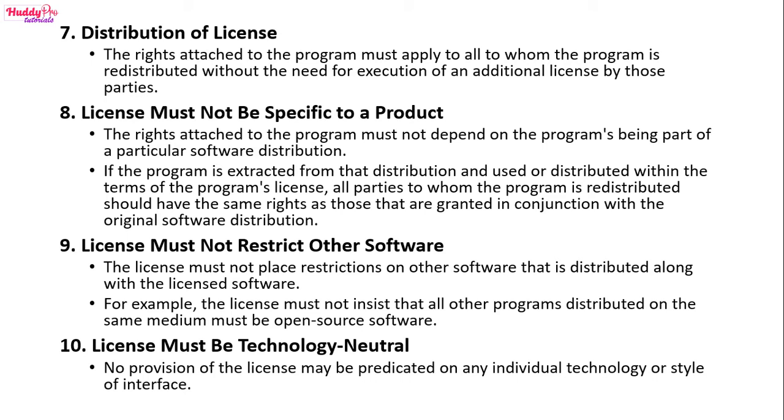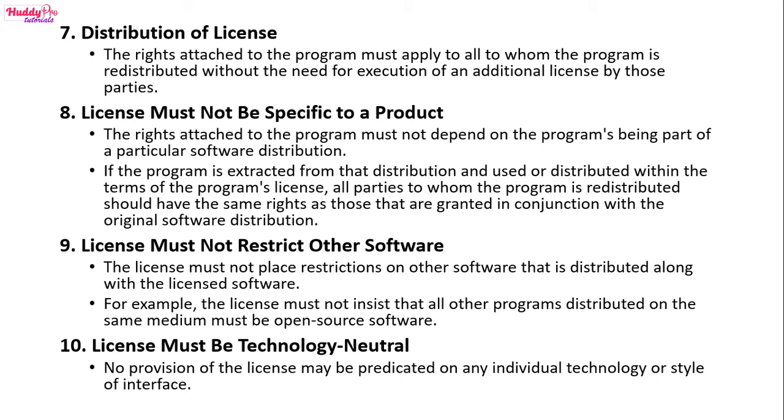Number 9, we are saying that the license must not restrict other software. So if you're distributing your open source software, the license should not place any restrictions on other software that are distributed along with your licensed software.